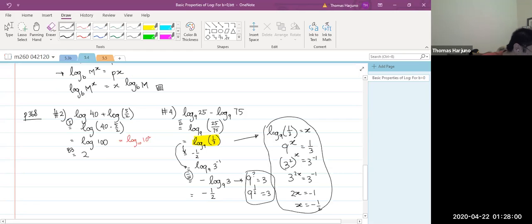Now, how about number 8? These are still the basic ones. e to the ln 3 plus e to the ln 2 minus e to the ln e.